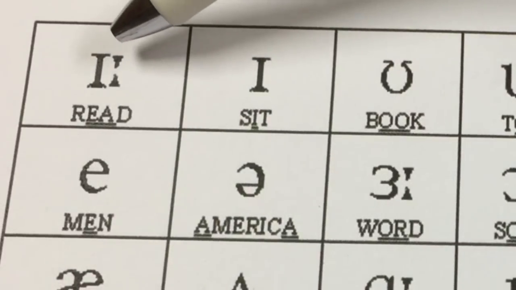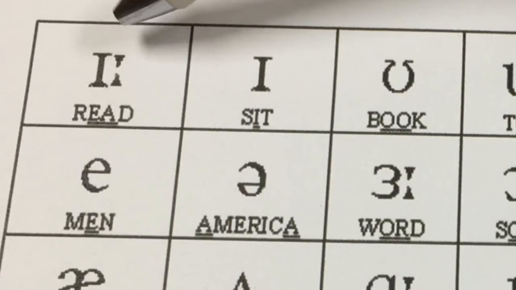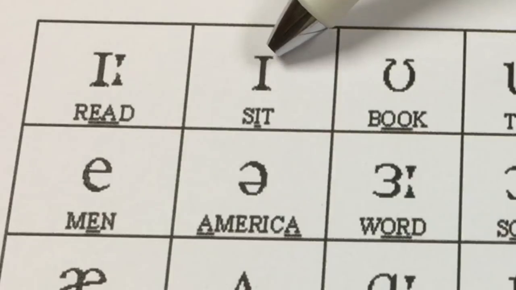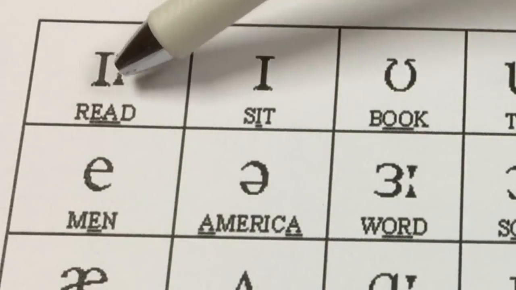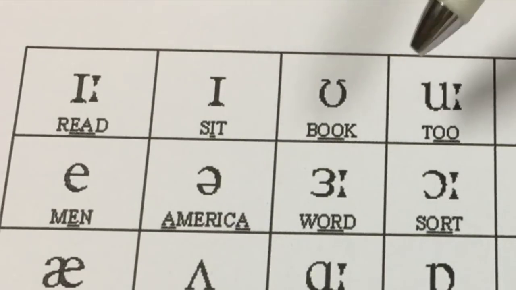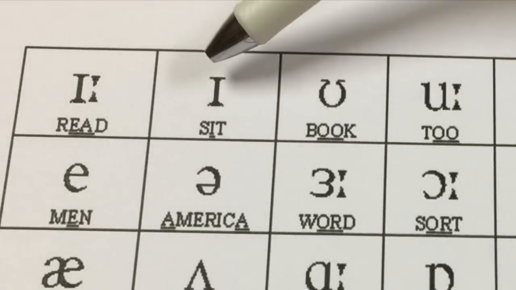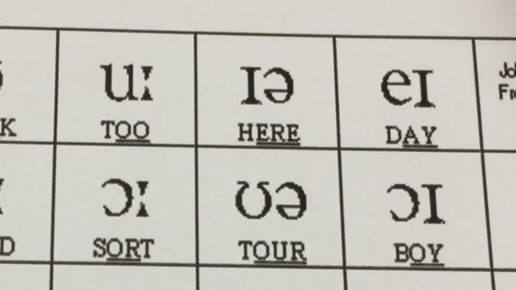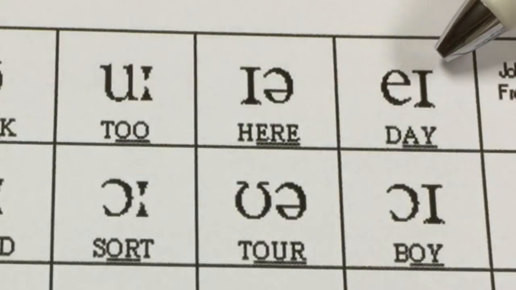For example, the first one, this symbol represents the E sound. You will see that every time they have the two dots here, these two dots represent the long vowels. So this is E, E, U. Alright? And sometimes they have two symbols together.